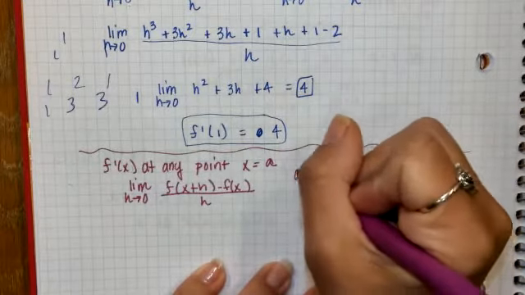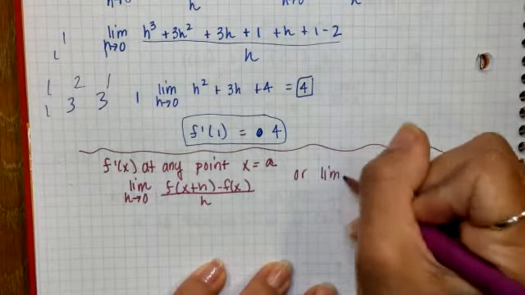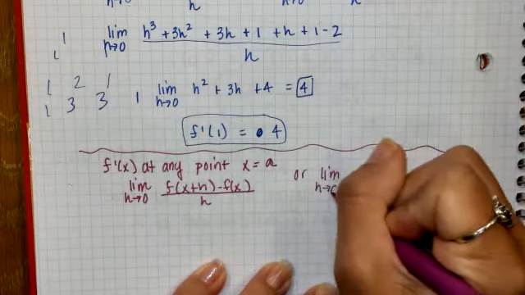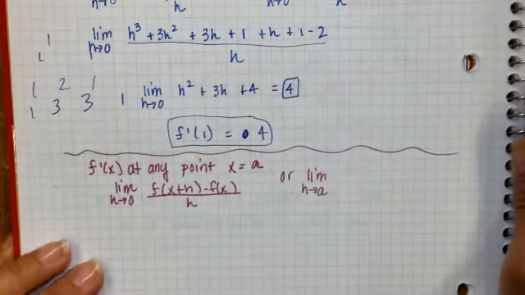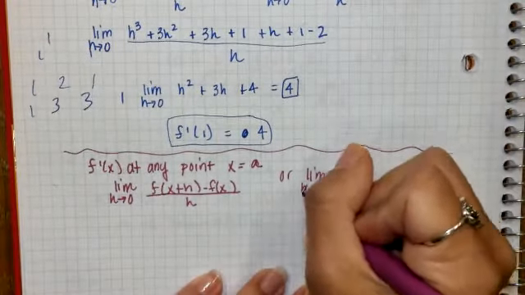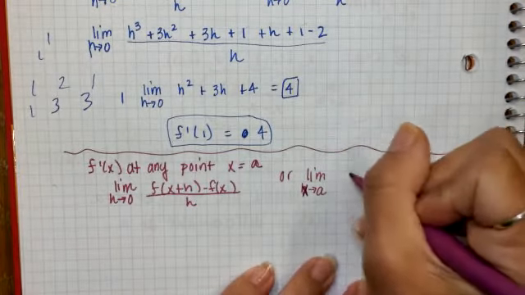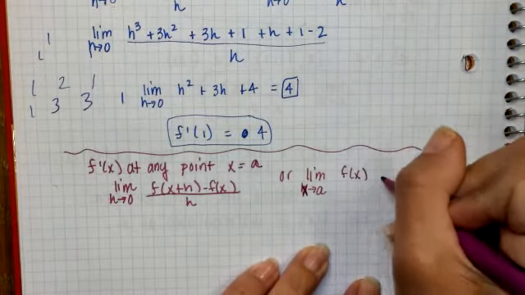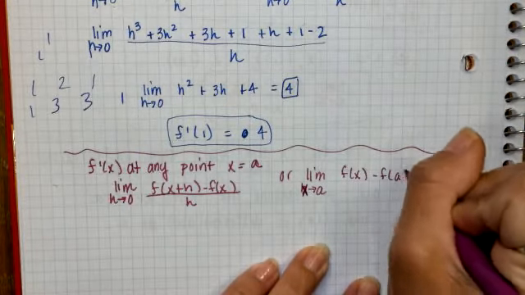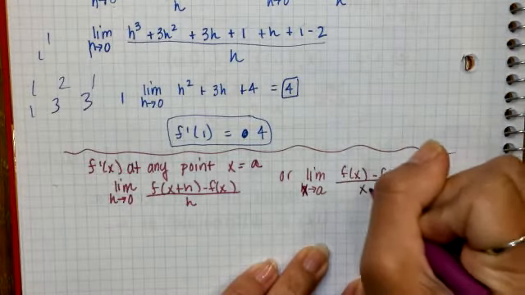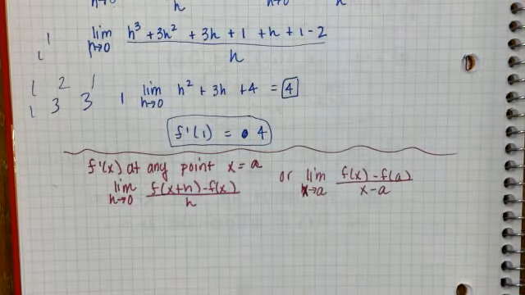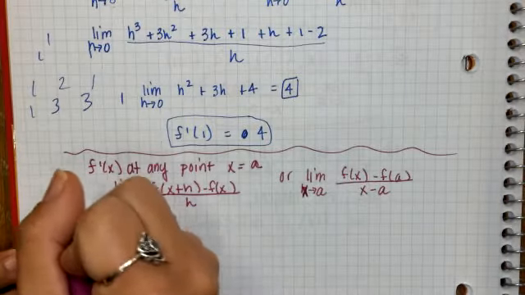Or you could use the limit as x approaches a of f of x minus f of a all over x minus a. I always get the x's and the h's backwards. And we're going to use the function x cubed plus x.